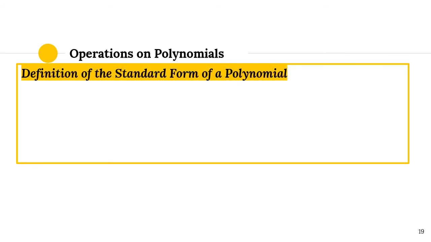Now, if you have noticed, it seems like when we write a polynomial, we disregard a correct order. Mathematicians have proposed what's called a standard form of a polynomial, in which the terms inside a polynomial will be arranged according to a formula prescribed by the standard form.